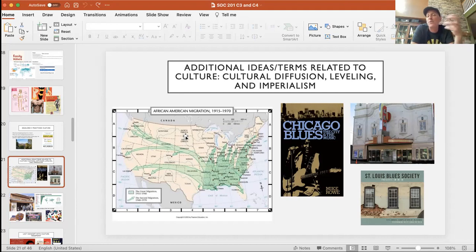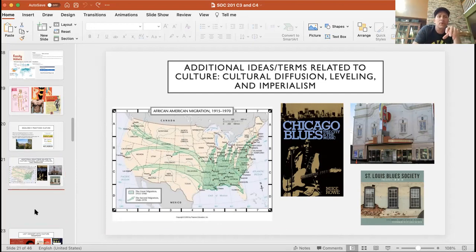So with globalization, countries with a lot of power are moving their commodities, their franchises, their corporations, and not only their products, but the ideas and values behind them. So for some, it's not just diffusion, but actually domination and control.